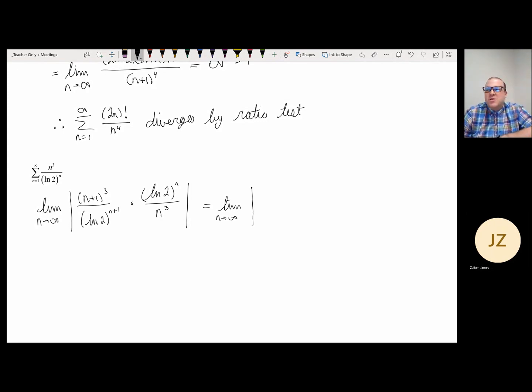Nothing we can do with the (n+1) cubed or n cubed. But log of 2 to the n over log of 2 to the n+1, we can simplify. It becomes 1 over log 2. And actually, I don't even need the absolute values, because that'll always be positive.